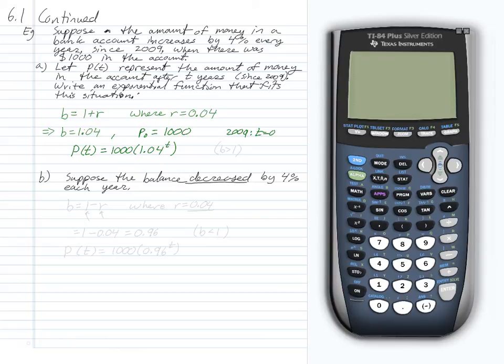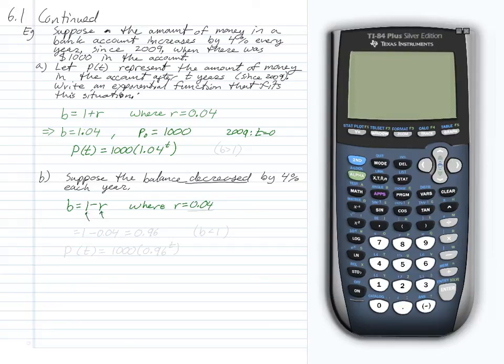Now, if this were a rate of decrease, then our decay factor is going to look a little bit different. If we're losing money, then b is 1 minus r, where r still equals 4%, but this time we're losing 4%.